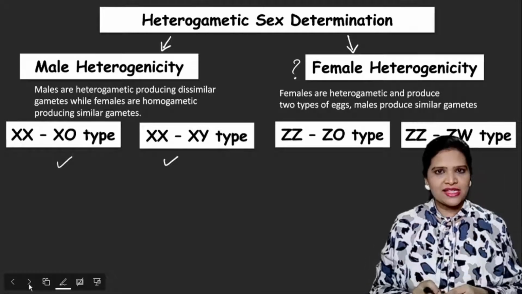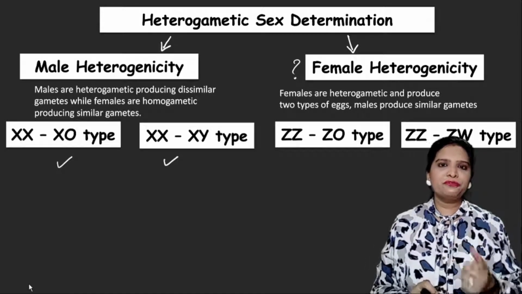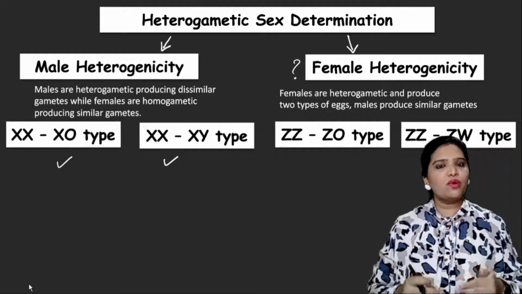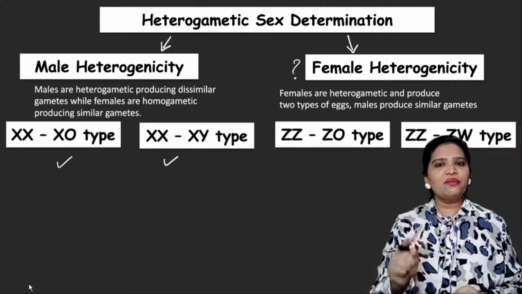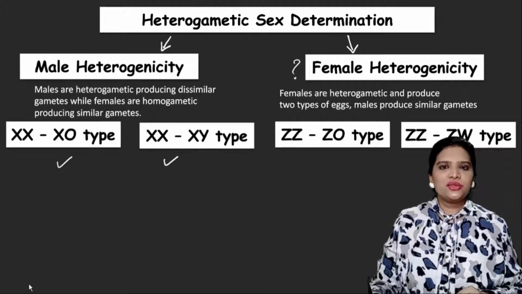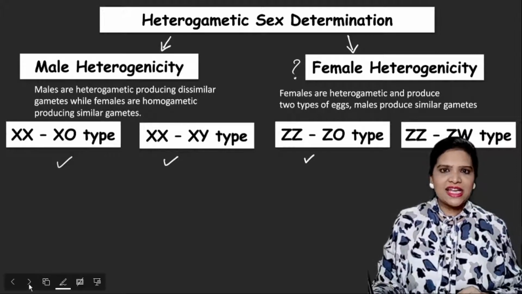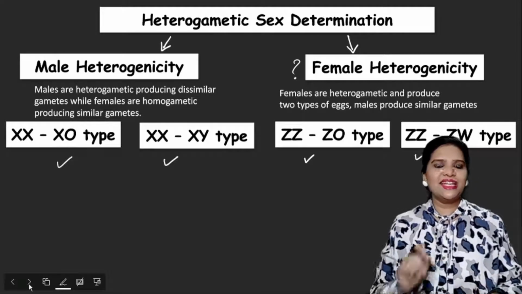In an organism, if the gametes produced by the male determine the sex of the offspring, this is called male heterogamety. Examples are the XX-X0 type and the XX-XY type. Similarly, what is female heterogamety? If the gametes produced by the female determine the sex of the offspring, this is called female heterogamety. The examples are the ZZ-Z0 type and the ZZ-ZW type.